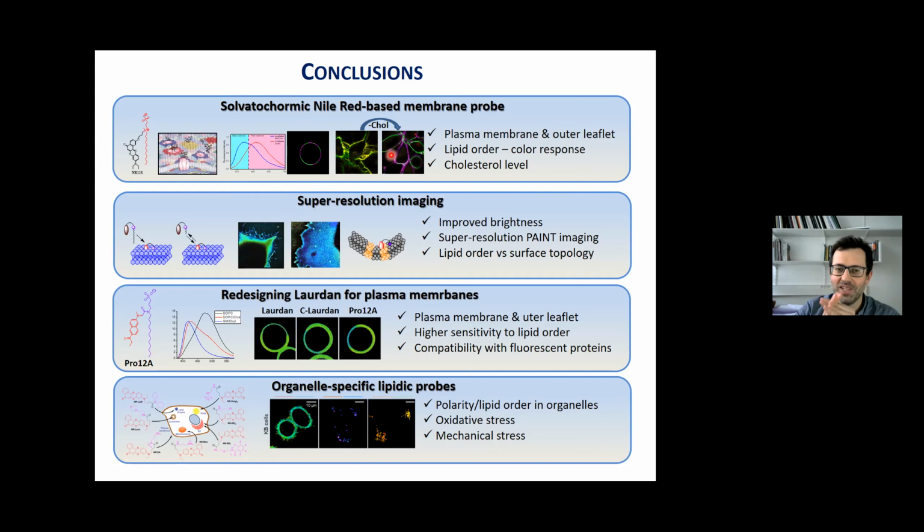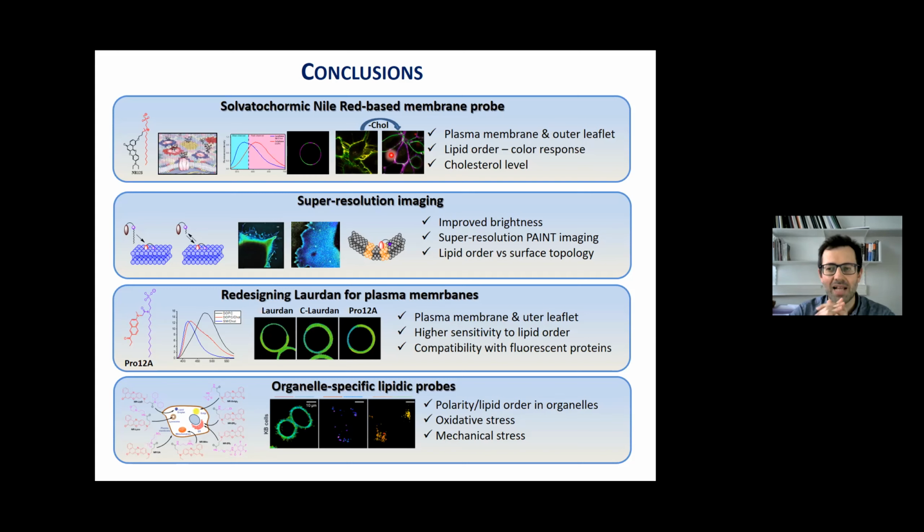We know for sure that Nile Red is extremely sensitive to a combination of cholesterol and sphingomyelin, but it is not so sensitive to the presence of cholesterol in the disordered phase. It is sensitive, but not that much. But Laurdan and also Pro-12A are crazily sensitive to cholesterol in all phases, ordered and disordered. So there is something quite fundamentally different in the sensitivity of these probes.